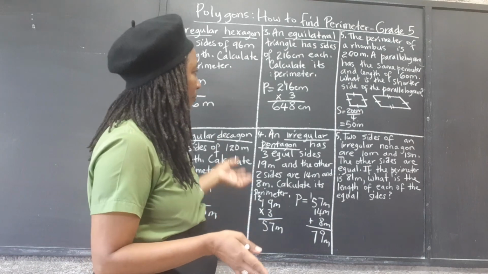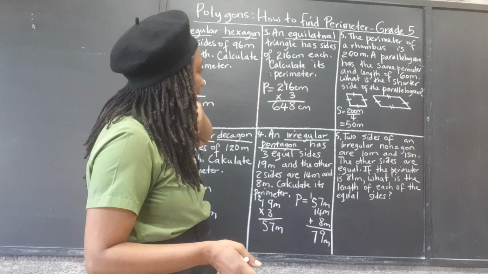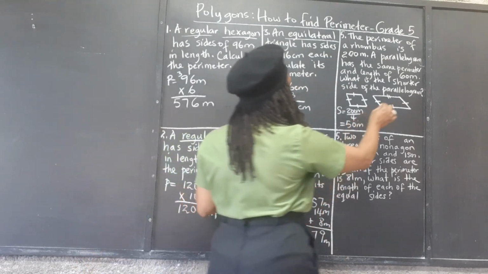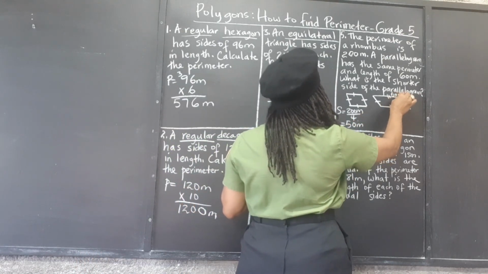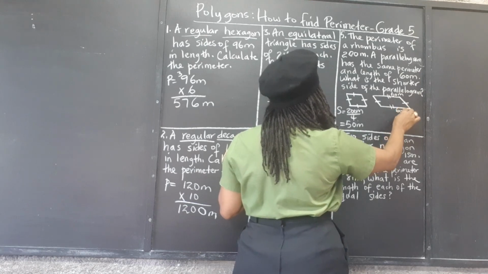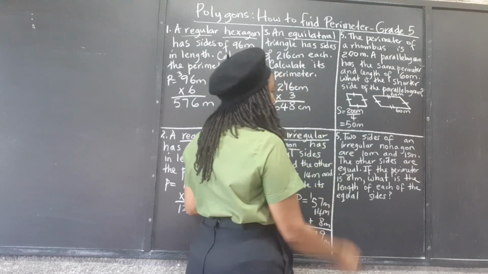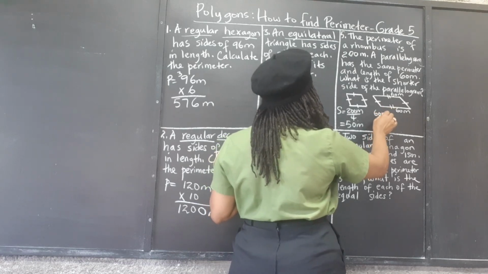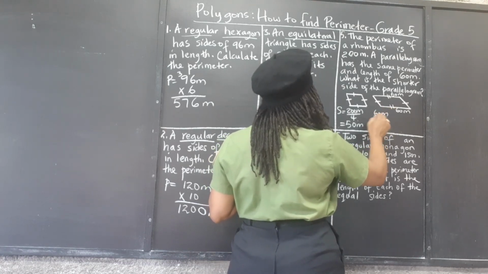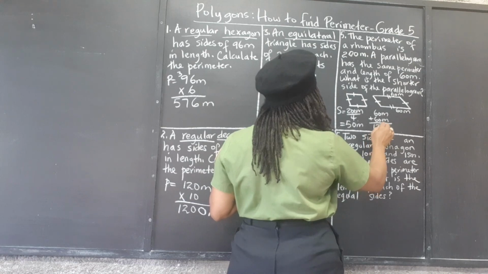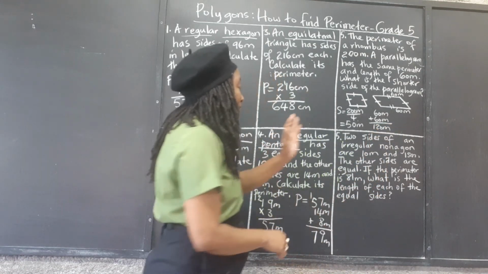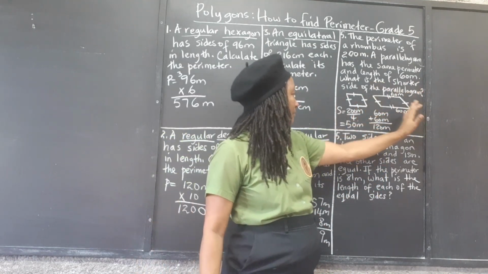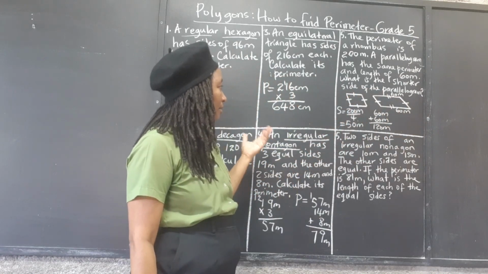But that's okay. The parallelogram has length 60. So this is 60. That means this is also 60. So let's add the 2 lengths then. 60 plus 60, that's 120. And the total distance around it is 200.